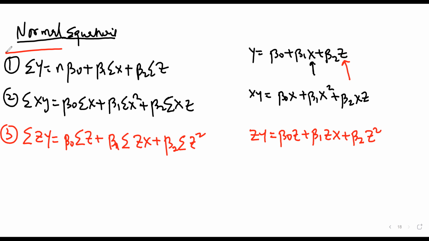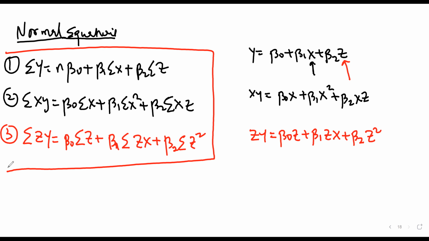So those are the three normal equations that we need to solve simultaneously.